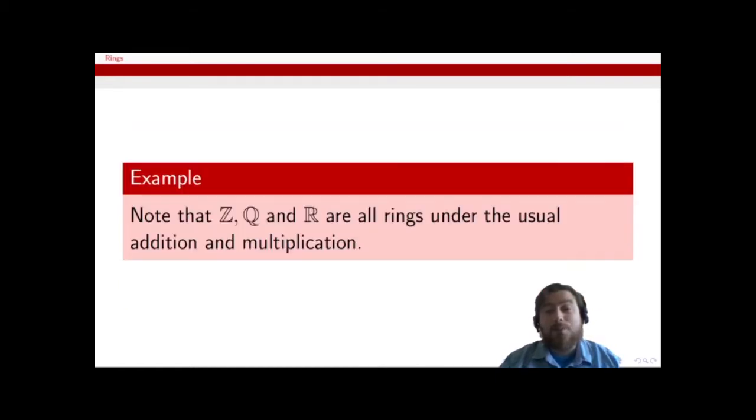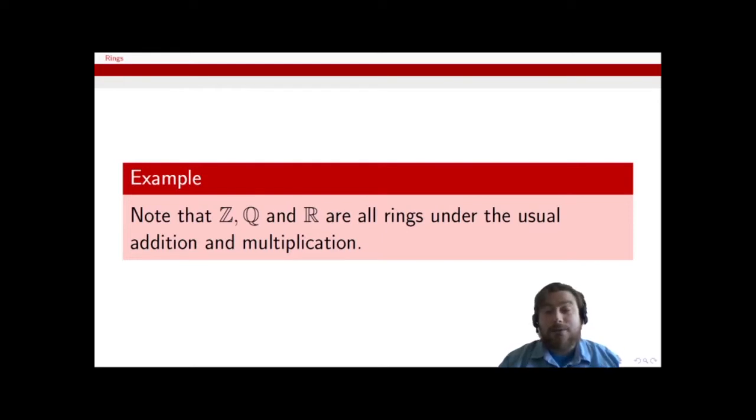For some normal examples that we've seen, notice that the integers is a ring. Well, we know that the integers is a group under addition because it's closed under addition. The addition is associative. It is also commutative, which we'll need. The identity is just 0. And if we have an integer a, then negative a is also an integer, and negative a plus a is 0, so we're closed under additive inverses.